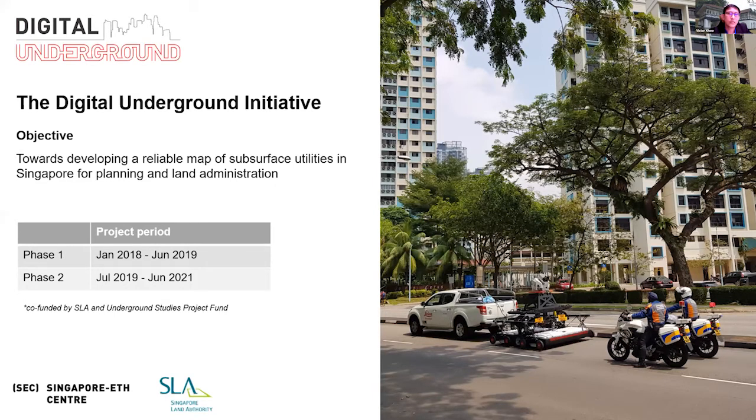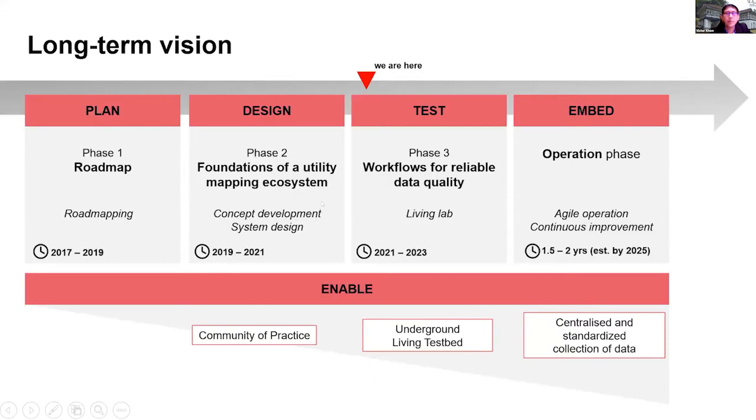The objective is really towards developing a reliable map of subsurface utility in Singapore for planning and land administration. So it's a very simple and clear objective that we have set for the Digital Underground project, focusing on utility to start off with. And we have a long-term vision, 4 phases.